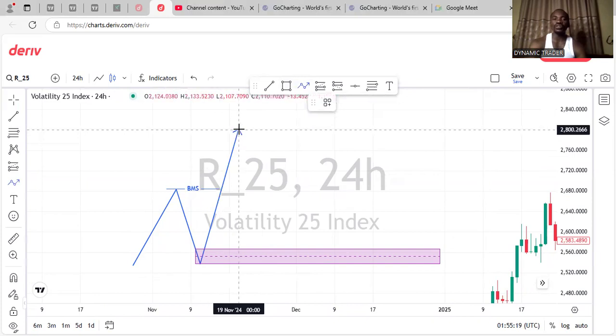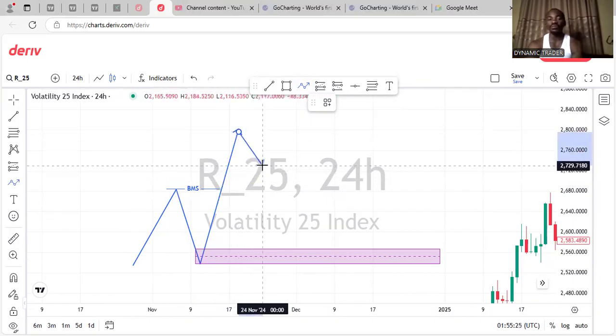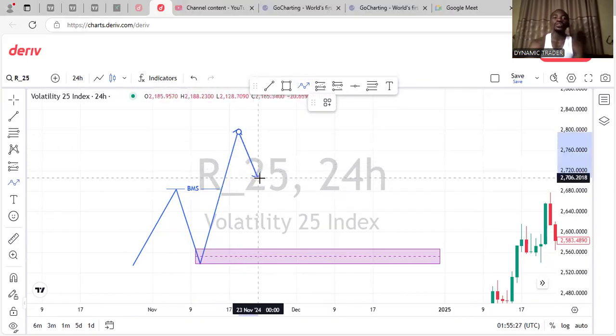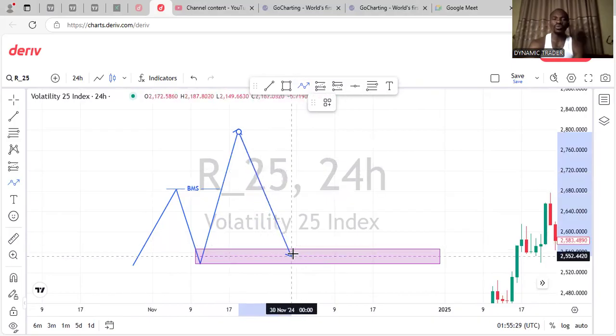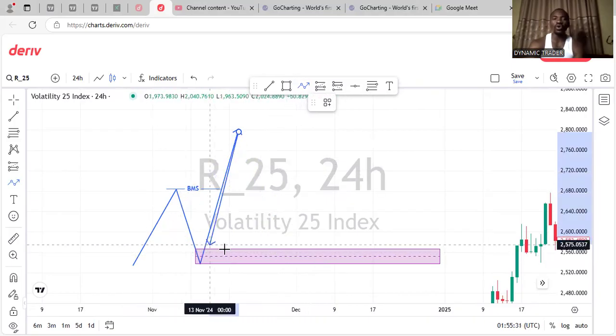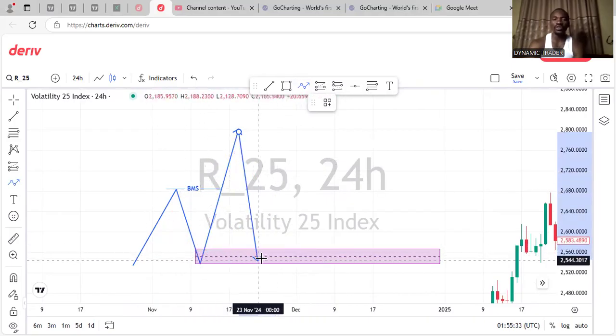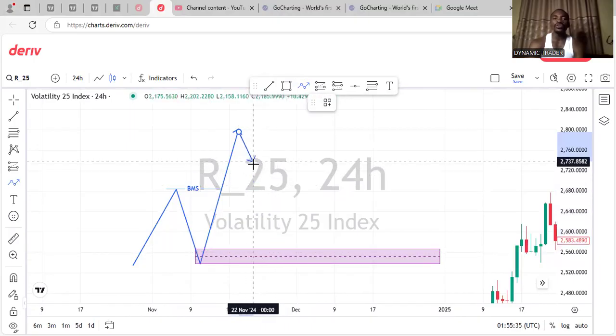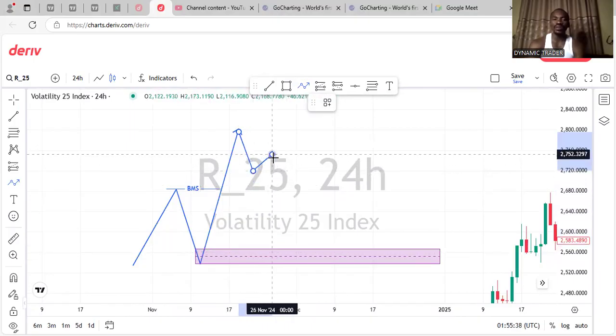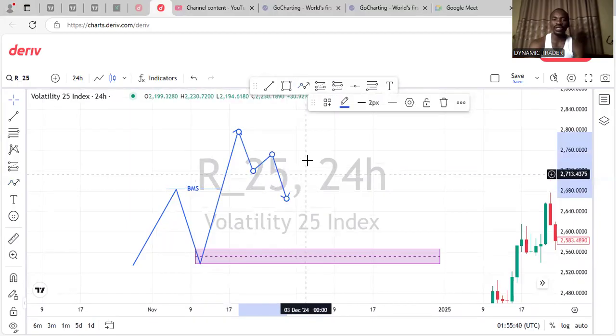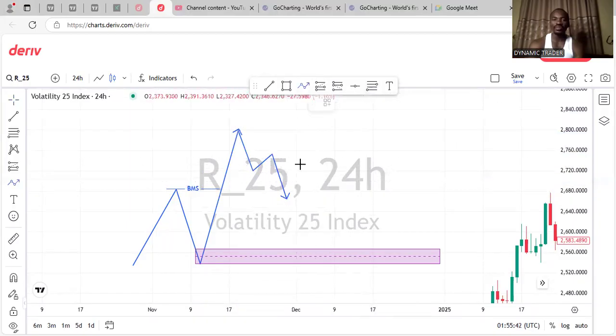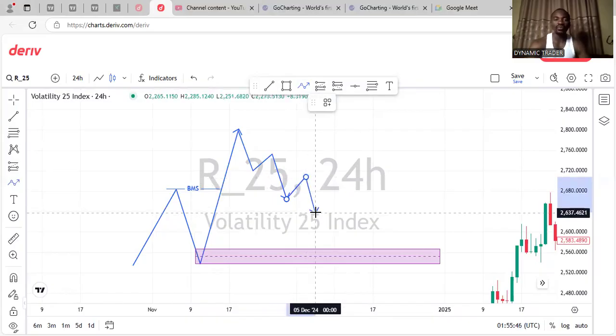Now, the second part of SMC that I spoke about: two things make up SMC, market structure and liquidity. Before the market returns to this demand zone, or the point of interest, the bullish order block, what you have to observe is the market printing lower lows and lower highs, a bearish structure. We're going to talk about that either this class or the next one.